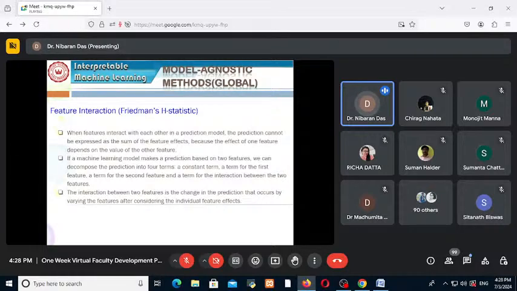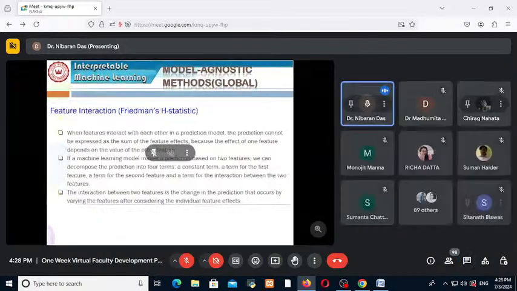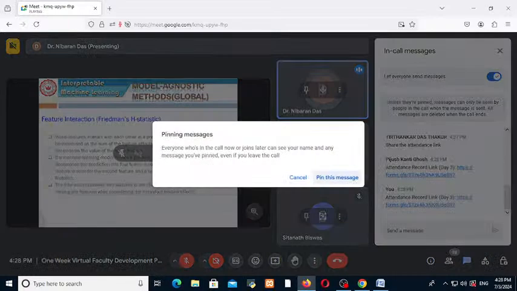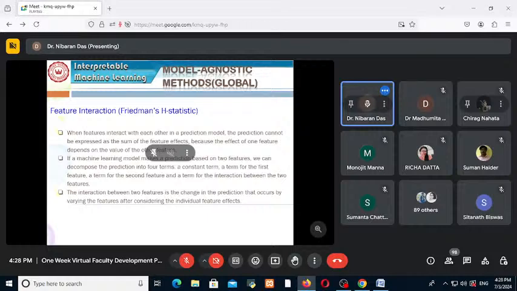Now, feature interaction, another model agnostic method, globally. When features interact with each other in a prediction model, the prediction cannot be expressed as a sum of feature effects, because the effect of one feature depends on the value of the other features. Those who work in the field of machine learning know that just ranking the features and combining them does not always provide good results, because if they are highly correlated, their performance could not be improved.